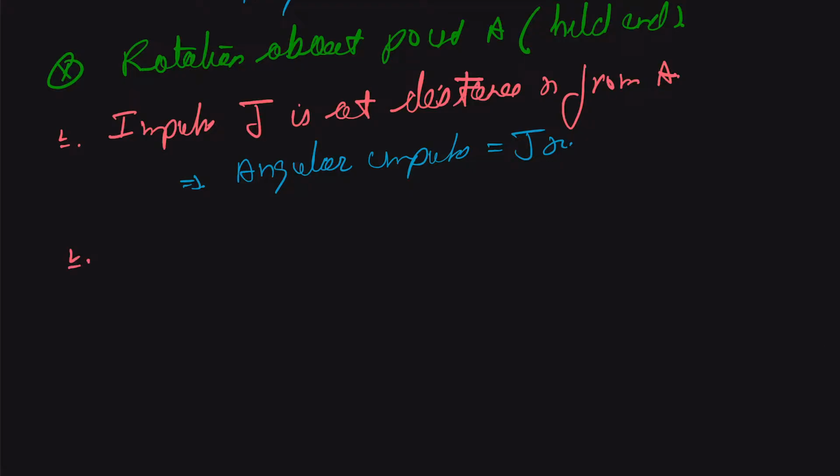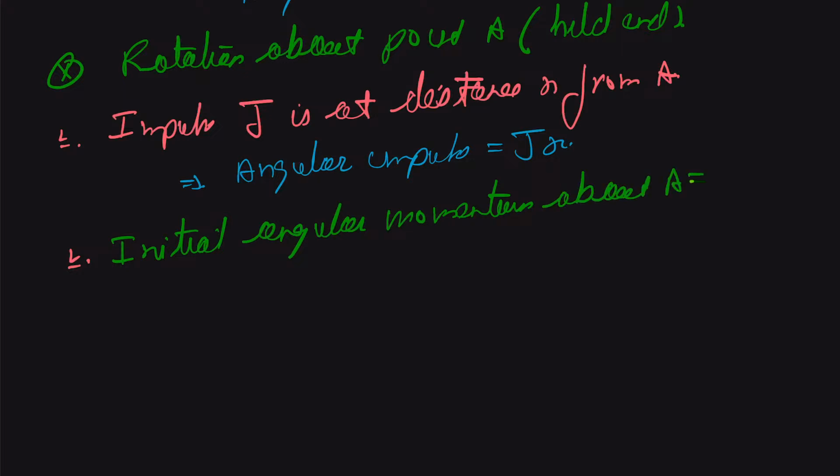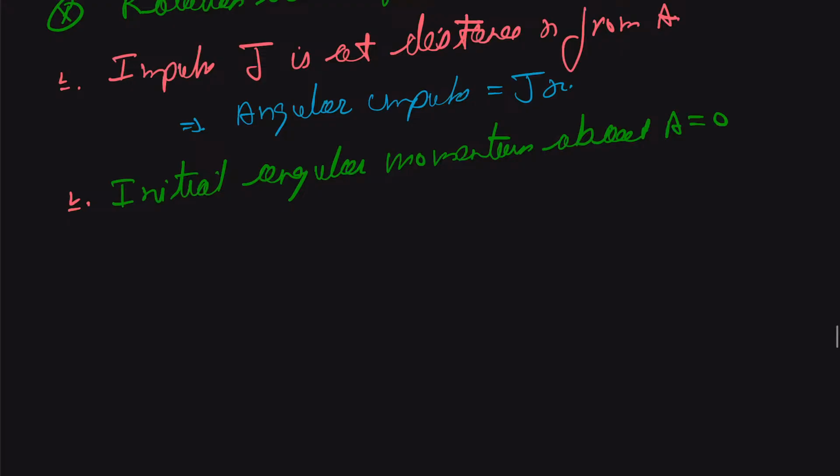Therefore, we can say that our initial angular momentum about A is equal to 0, and the final angular momentum about point A, we can say that it is our moment of inertia about point A and the angular velocity with respect to point A.